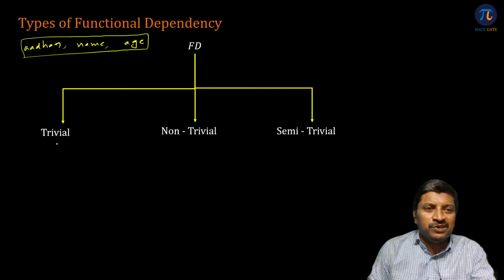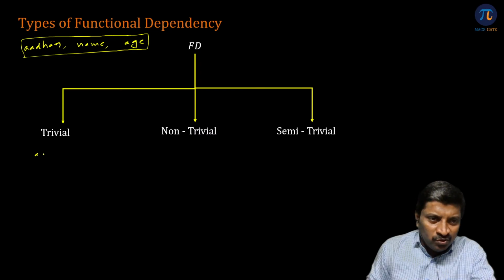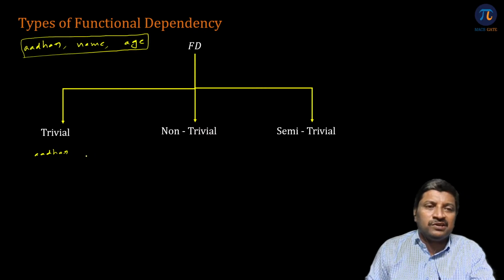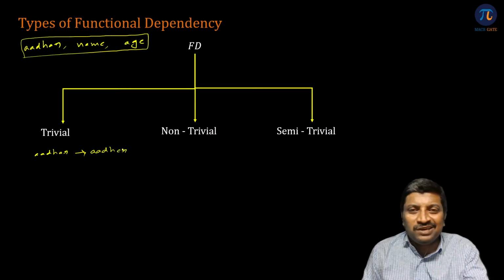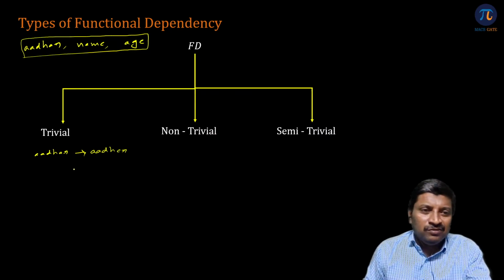First, let me explain what is trivial. Sir, suppose I know the Aadhaar number of a particular candidate. Can you get the details of Aadhaar? Suppose when you know Aadhaar number, I can write Aadhaar number, right? Okay, that is trivial. Am I right?